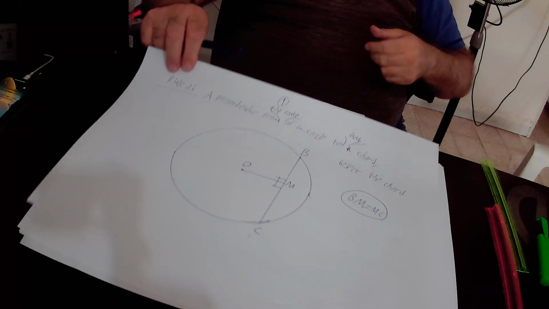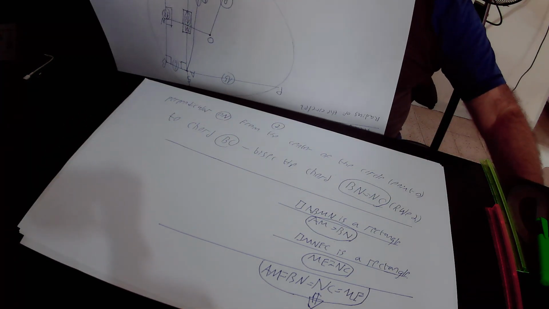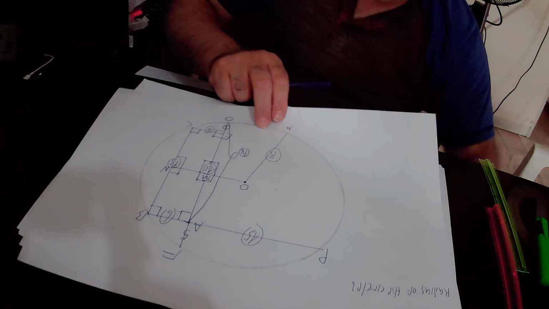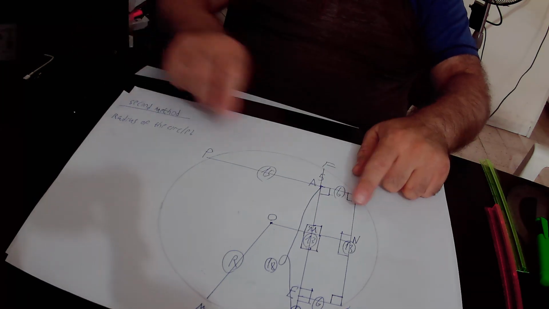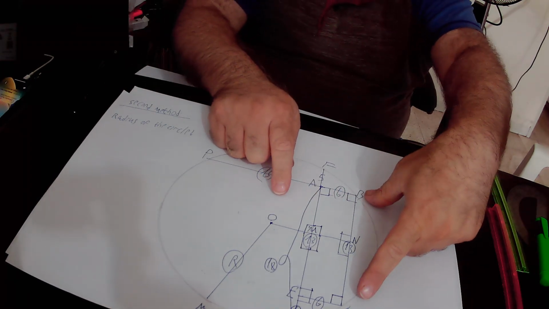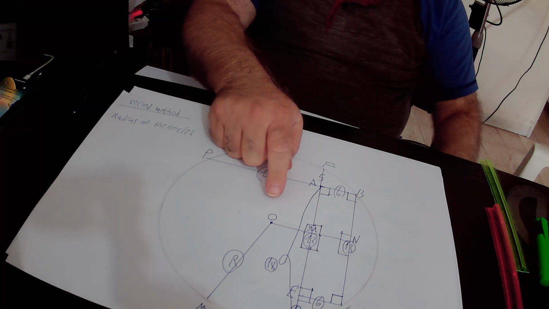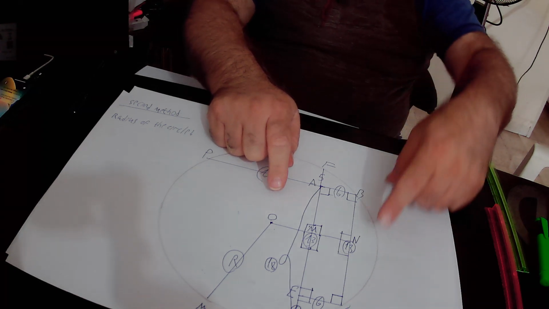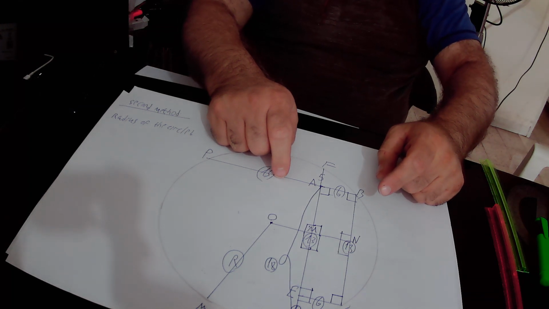Okay, so we can actually implement rule number 2 in our drawing. Why? Because in our drawing we have perpendicular ON from the center of the circle, that is to say from point O, on chord BC. And according to rule number 2, it bisects chord BC.